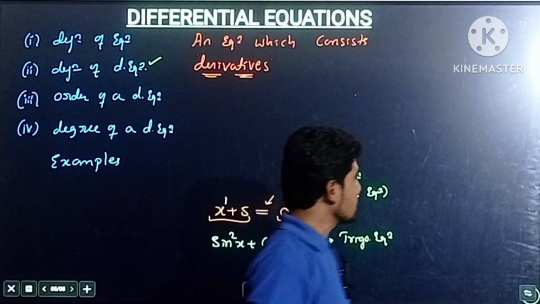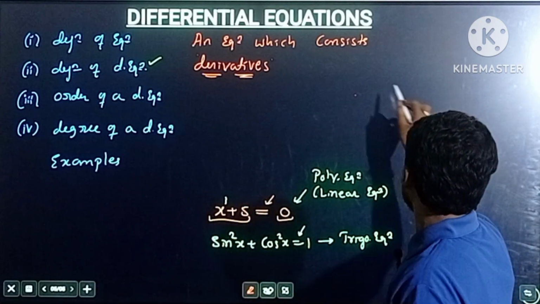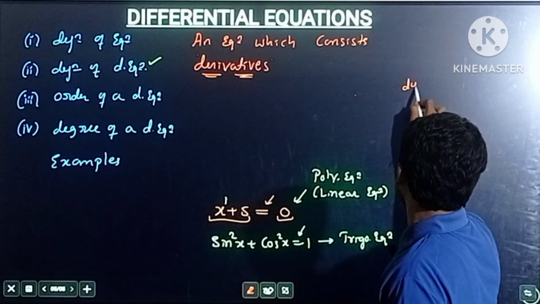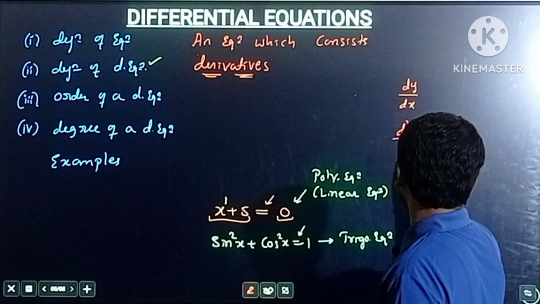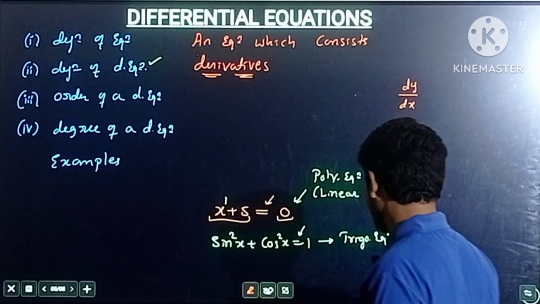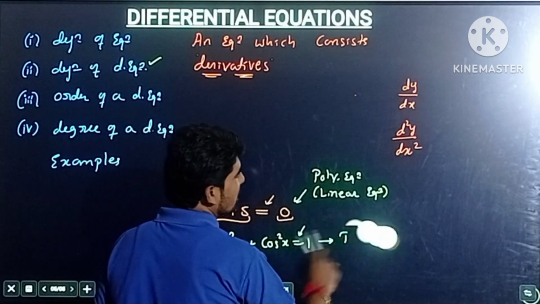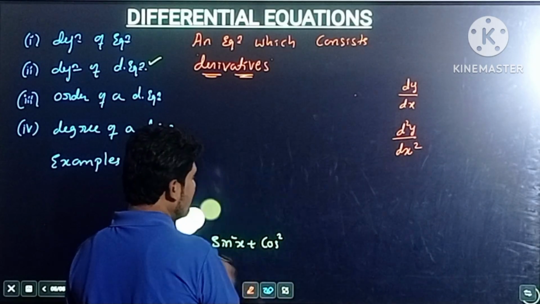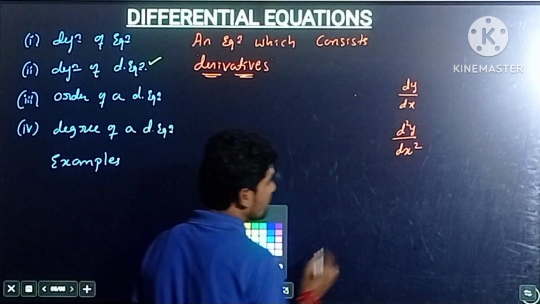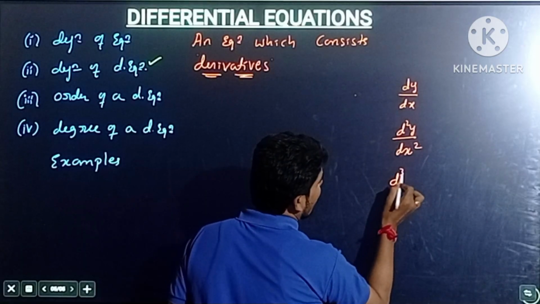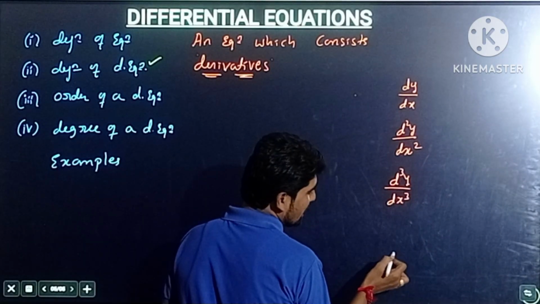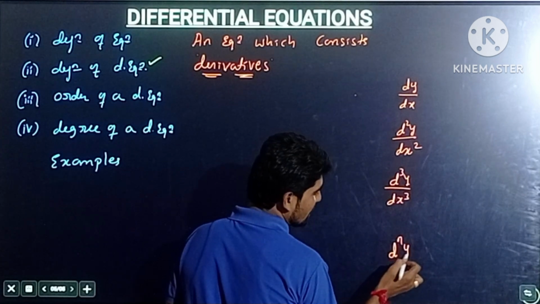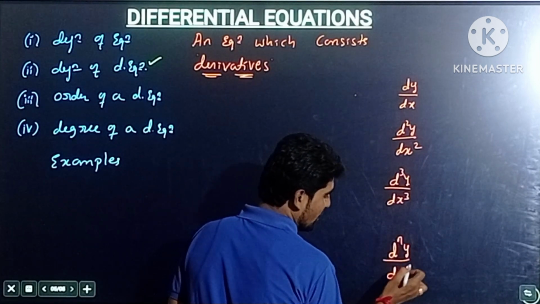So derivatives means, as you know, dy by dx and d square y by dx square, and the third order derivative, that is d cube y by dx cube, and so on. So the nth order derivative is d raised to n y divided by dx power n.